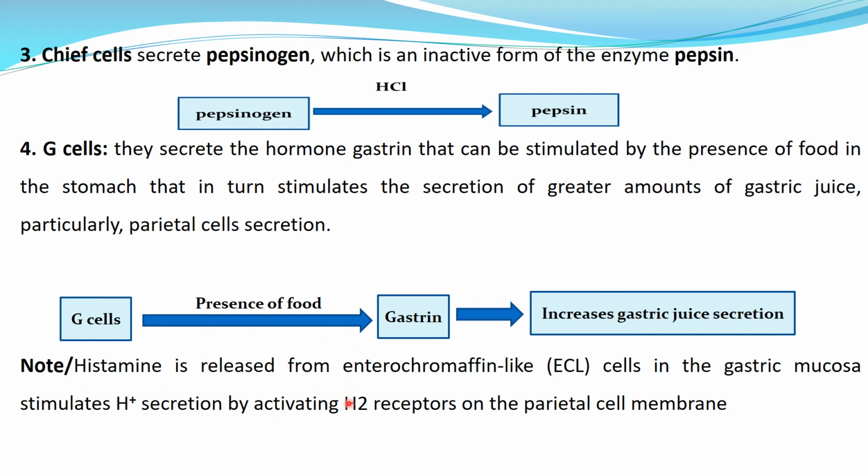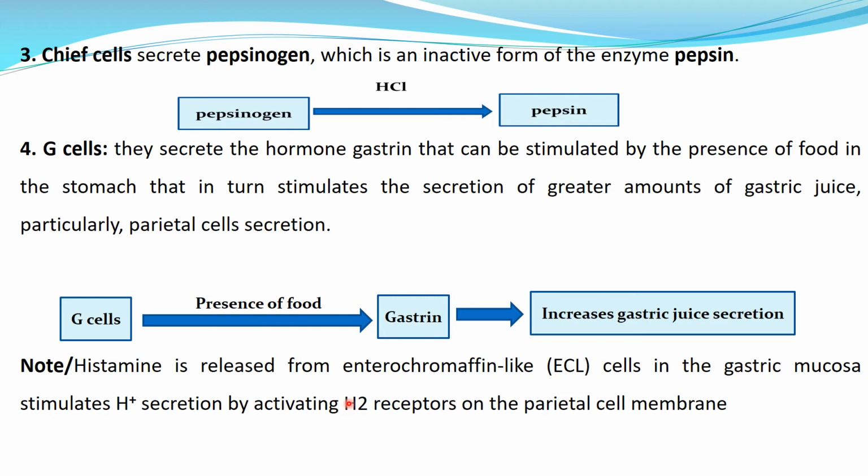What we have is histamine, which is released from the enterochromaffin-like cells in the gastric mucosa. When there is an increased level or secretion of histamine, it induces the parietal cells to secrete hydrogen ions into the stomach.